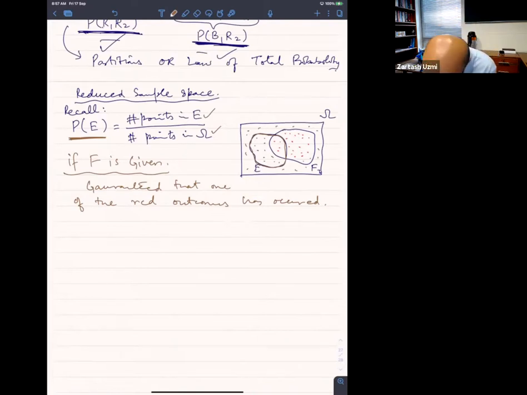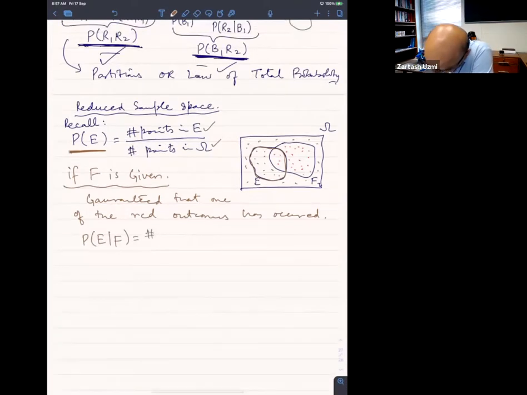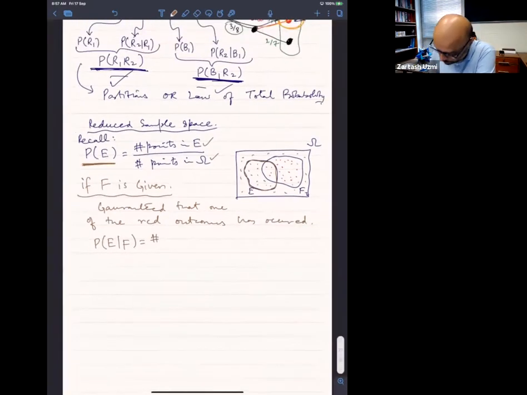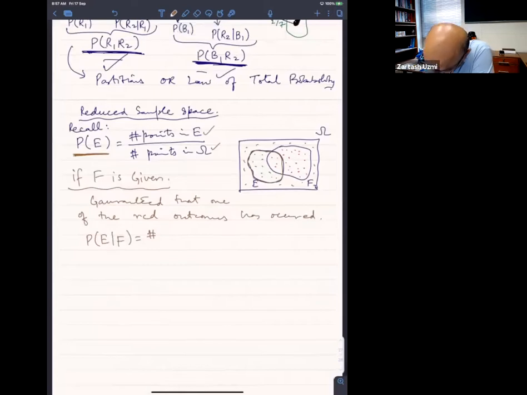So the probability of E given F is really the number of points in E in the reduced sample space. And what is the reduced sample space?